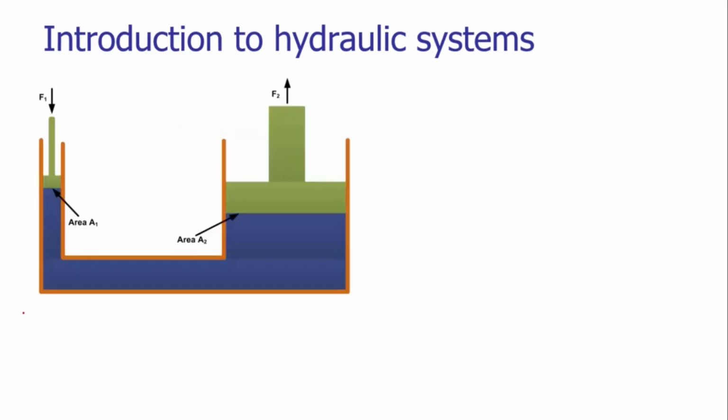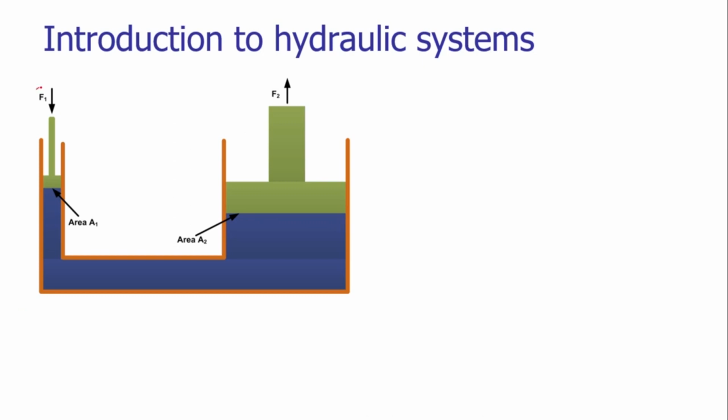Now let us see how we can utilize this mechanical advantage in engineering applications. For this purpose, I have just redrawn the diagram which we have seen in the previous slide.